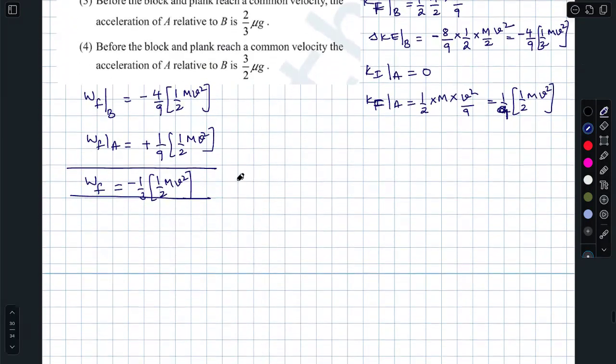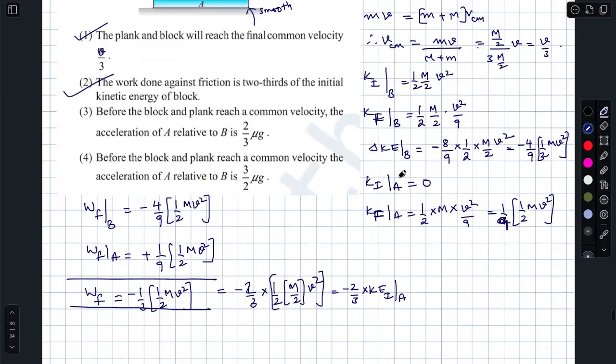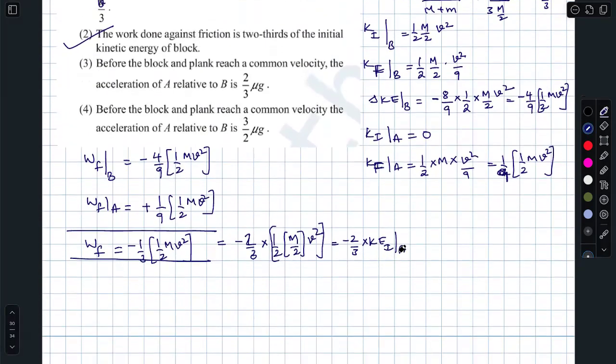This is not minus 1 by 3, it is 2 by 3 times, don't get confused, m by 2 times v square. This is the kinetic energy initial of block B. Correct or not?